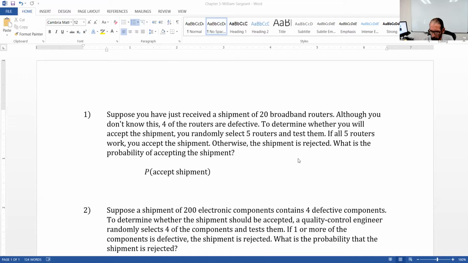Instead, we're going to use combinations because we've got this random selection going on. Once we pick a router, we cannot pick it again, but the order in which we pick does not matter. So that's why it's combinations.